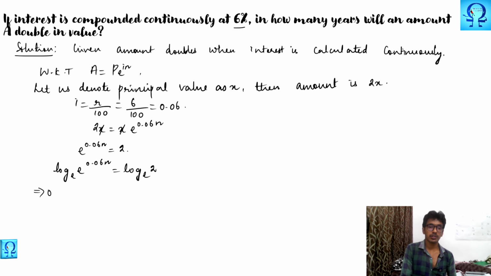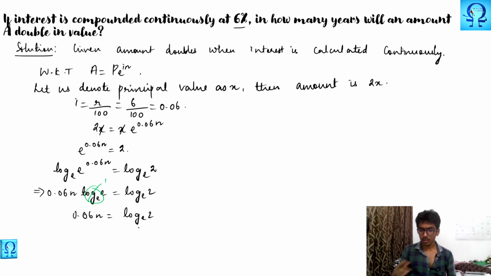So you will be left with 0.06 n equal to log 2 to the base e.